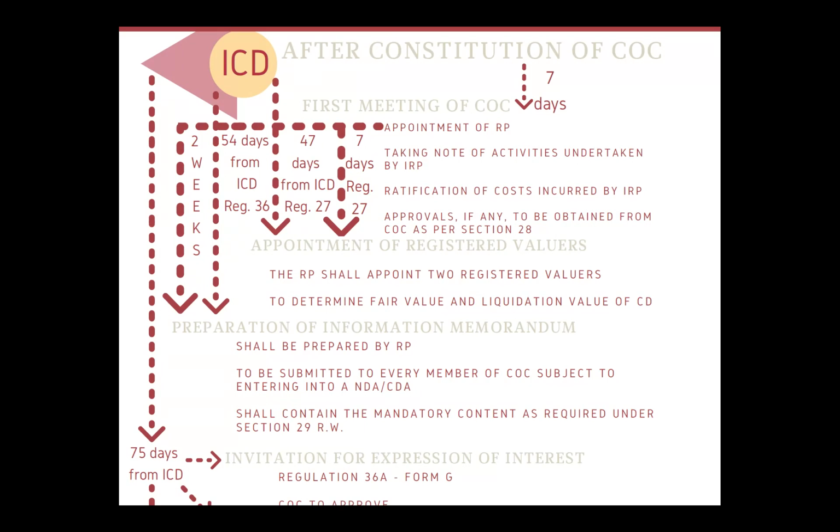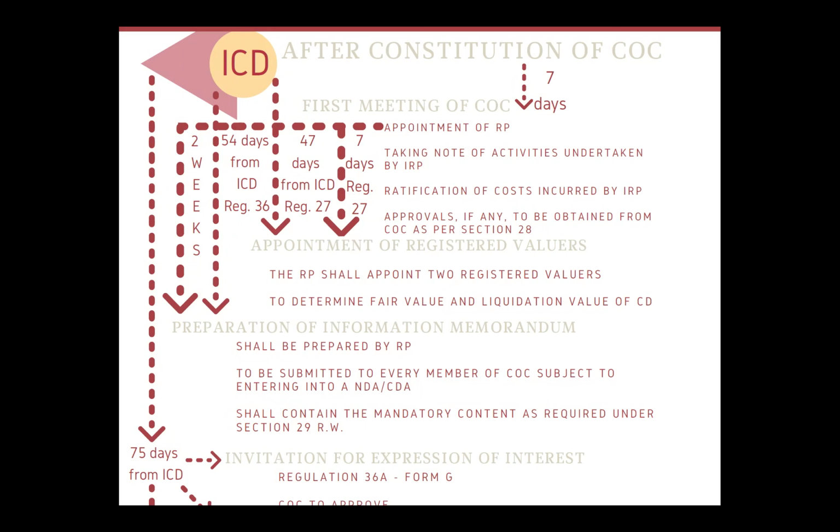Any guarantees issued by the corporate debtor have to be mentioned. All material litigations and any ongoing investigation have to be specified, including those initiated by the government, and the claims from the workmen and employees. All these form part of your information memorandum.